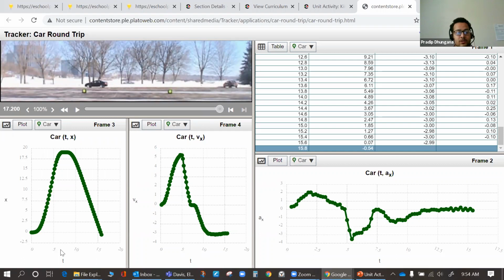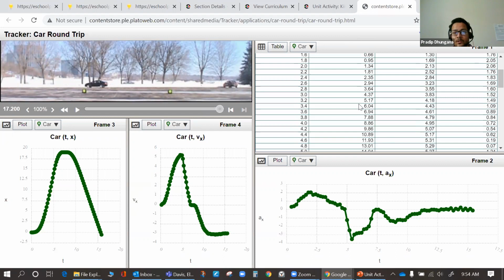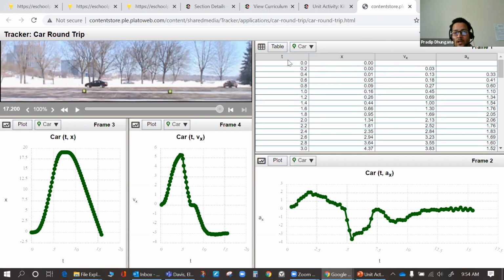First one is position versus time, or you can think of it as displacement versus time. Second one is velocity versus time. That x means horizontal component of velocity, or horizontal velocity, and acceleration versus time. And here you can see the table for time, position, velocity, and acceleration.